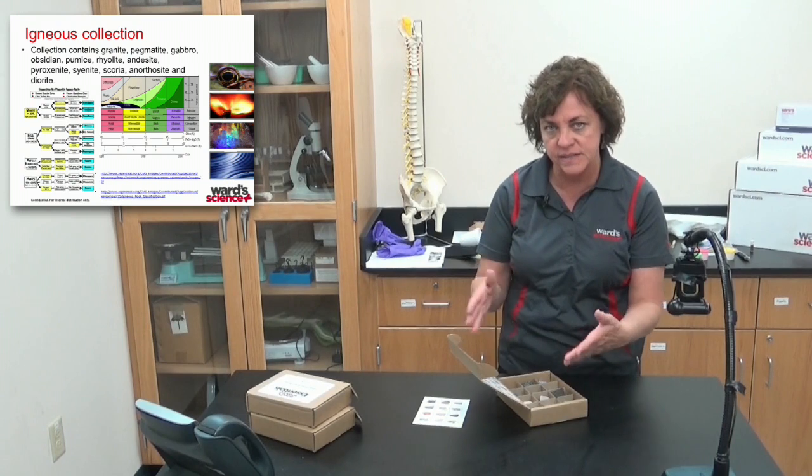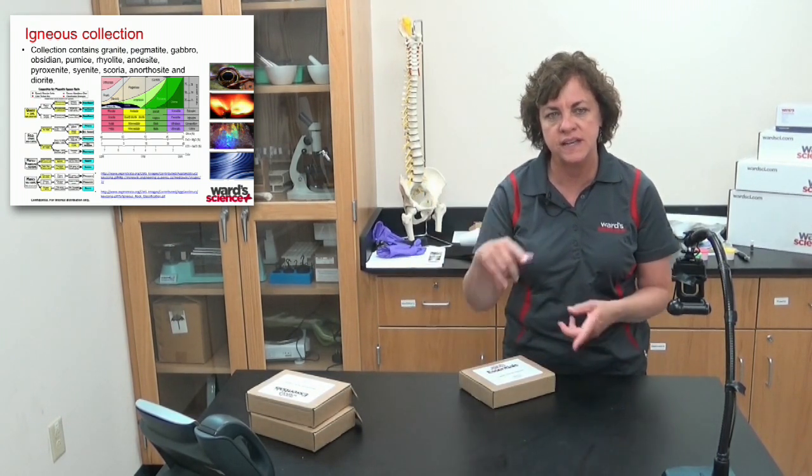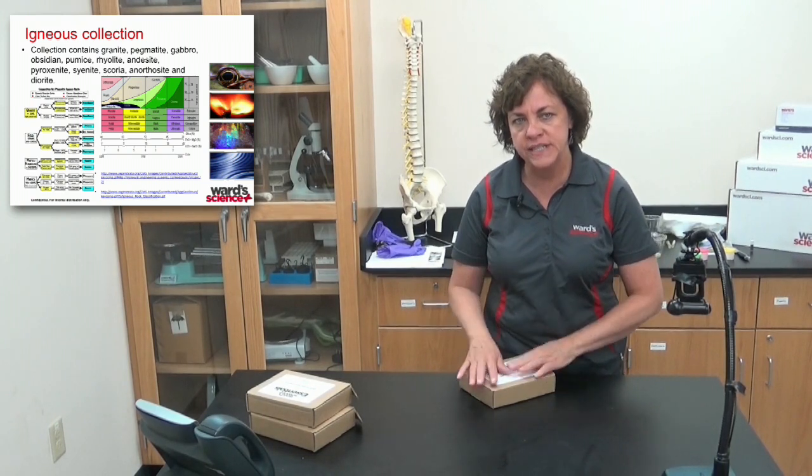So the gray mineral is one thing, the white mineral is another thing. And that's how they make the jump from minerals to rocks. All right, that is igneous. Oh, and the collection is listed right there as to which ones are included in the set.